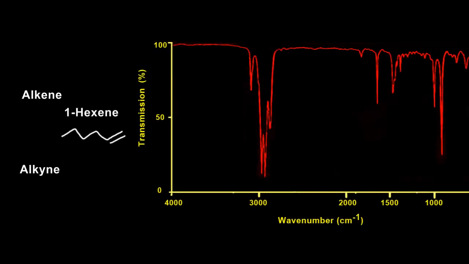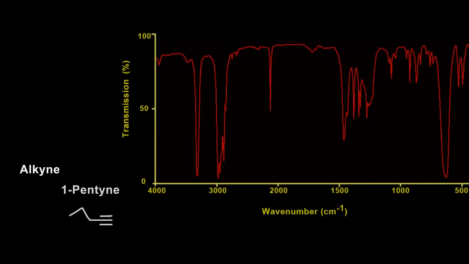For alkenes, for example 1-hexene, the H bond with sp2 hybridized carbon falls between 3100 and 3000 wave numbers, and the H bond with sp3 hybridized carbon falls around 3000 wave numbers. The carbon-carbon double bond falls at 1650 wave number.